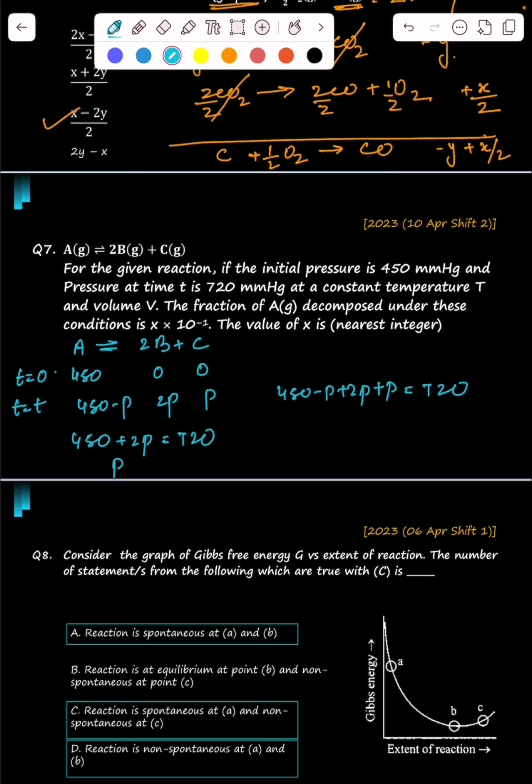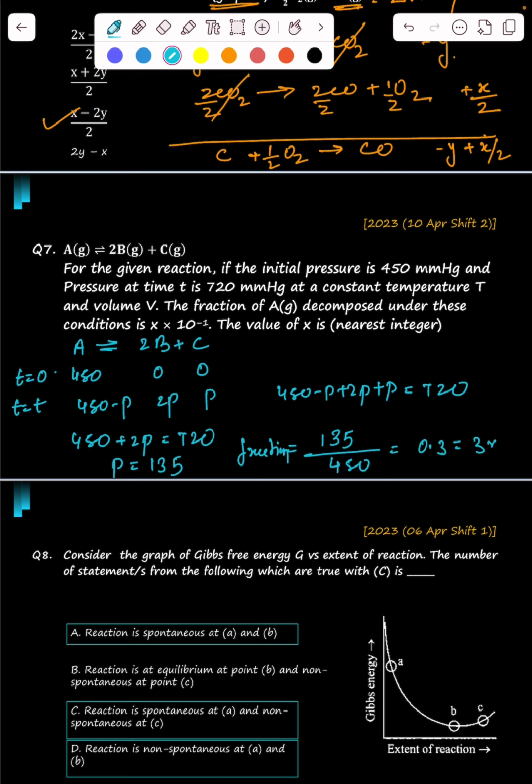So P should be equal to 135 है ना। तो फ्रैक्शन निकालना है। फ्रैक्शन क्या होता है कि जितना अमाउंट डिकम्पोज हो गया divide by the original। तो फ्रैक्शन आ गया हमारे पास 135, हमारा प्रेशर बचा है, ओरिजिनल कितना था 450, कैंसिल आउट कर दो तो हमारे पास आ जाएगा 0.3.